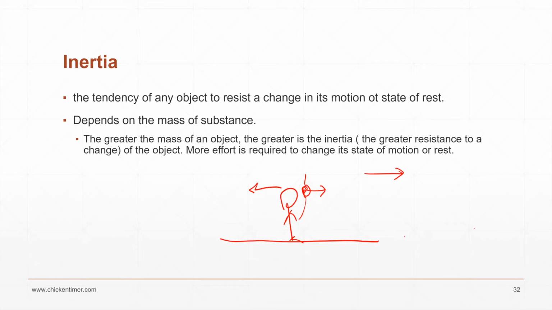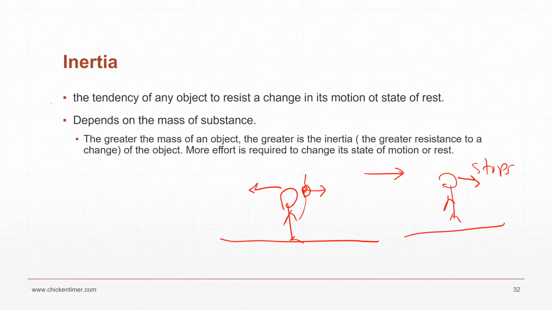Then when the bus suddenly stops, the person will jerk forward. This is because the human is moving forward together with the bus, and the bus suddenly stops, the human body continues to move forward because it's reluctant to stop. So this phenomenon or this observation is actually inertia.